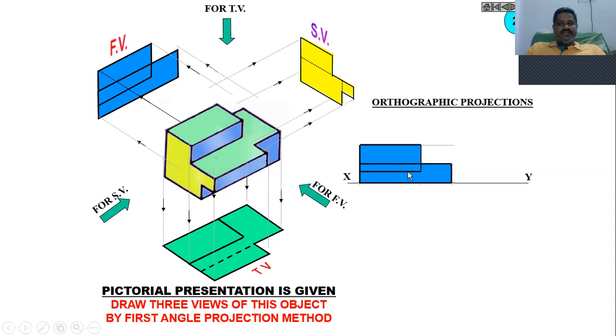Then the next part is to draw the top view. If it is the first angle projection, the top view will come below the XY line like this. Now this will become your front view. Then project these edges to the bottom, then construct the top view from this figure.